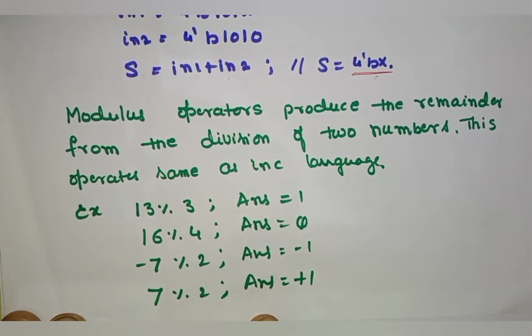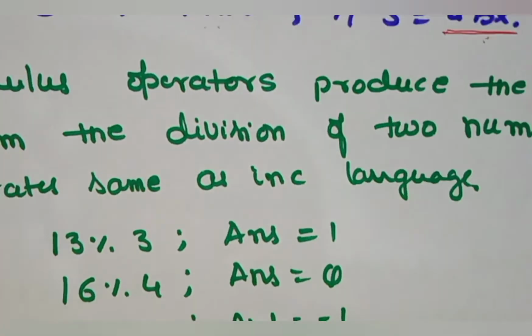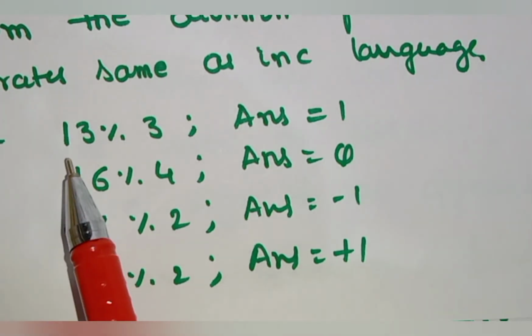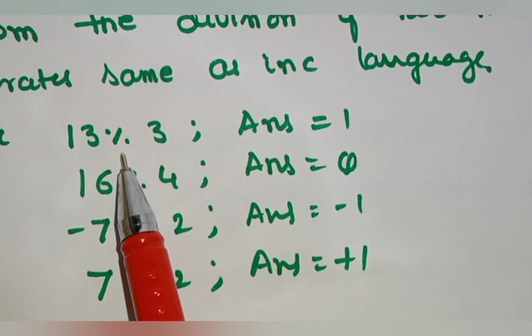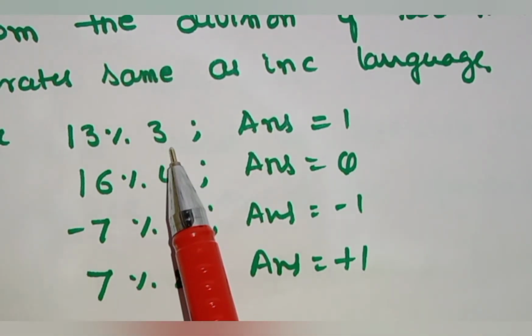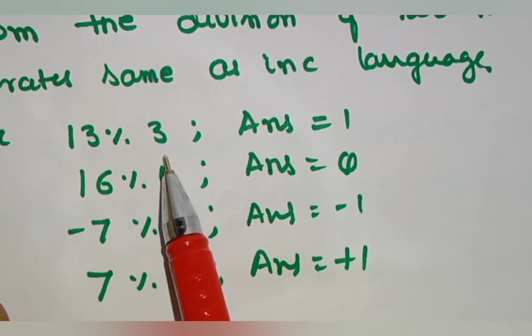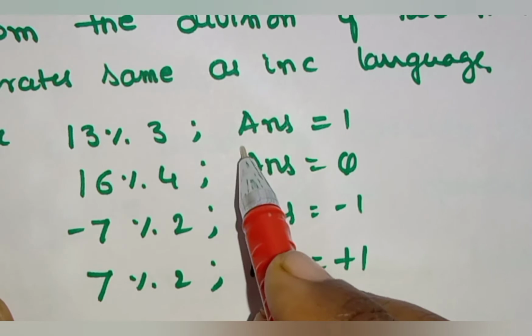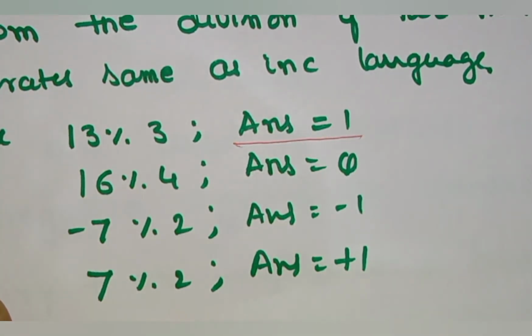Let us see some examples. You see here 13 modulus 3. What is the remainder? Just find out: 3 fours are 12, remainder is 1. So it gives 1 as the answer.